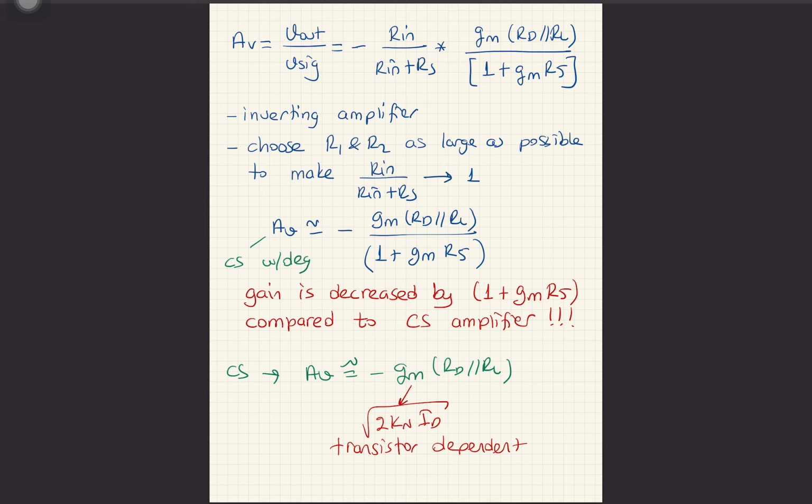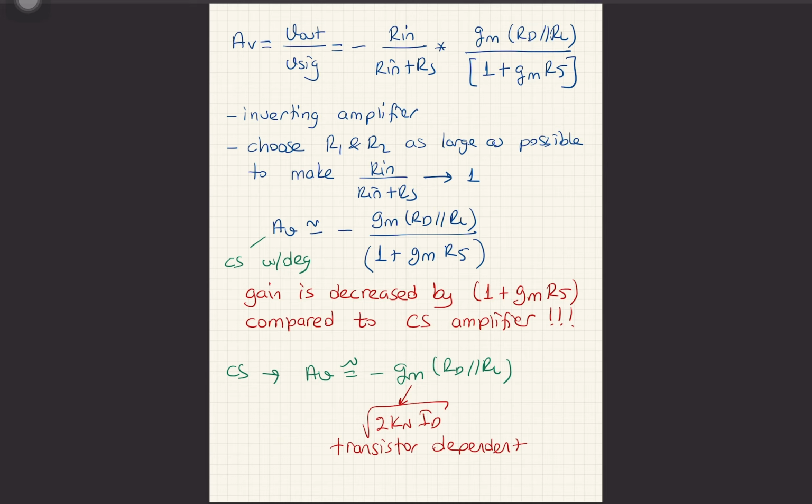When you take a look at the data sheet of those transistors, unfortunately, there may be some variations, like for BJTs, beta can change between 100 and 300. For MOSFETs also there may be some variations, and this variation may result in a change in the overall gain of your amplifier. So your amplifier gain is quite transistor dependent.